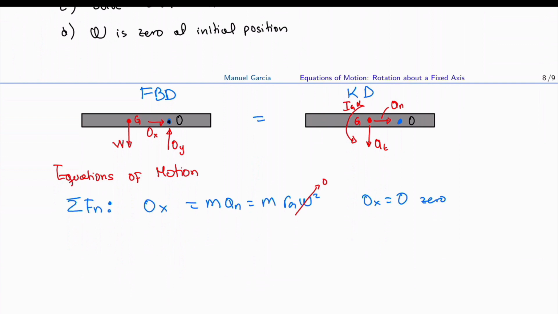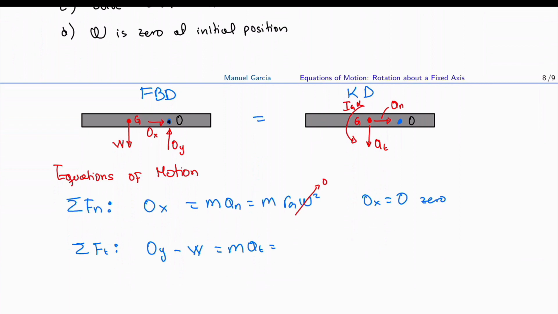Now, the sum of the forces in the tangential direction. So in the tangential direction, we have the weight, the vertical support only. So we have OY positive minus W, and that should be equal to the mass multiplied by the tangential acceleration.